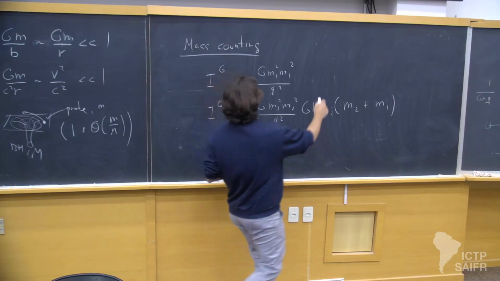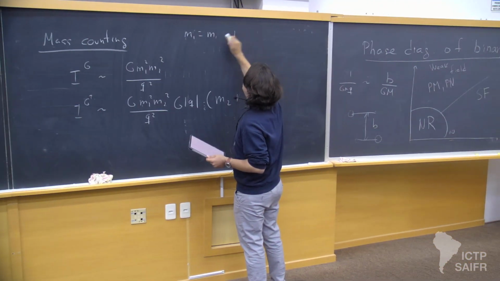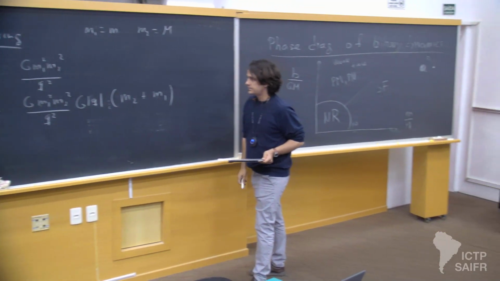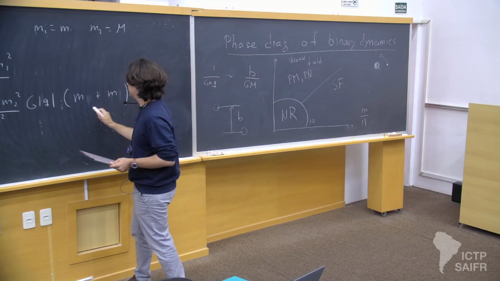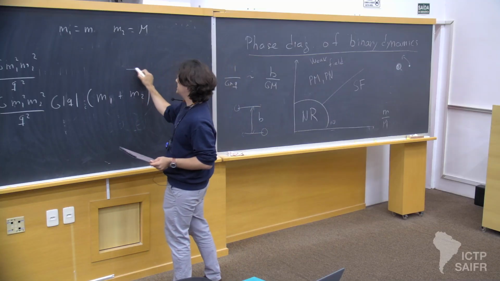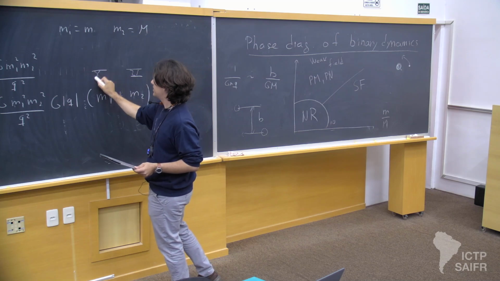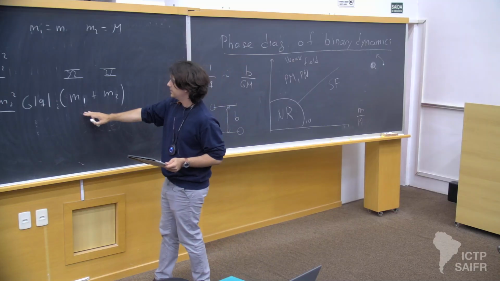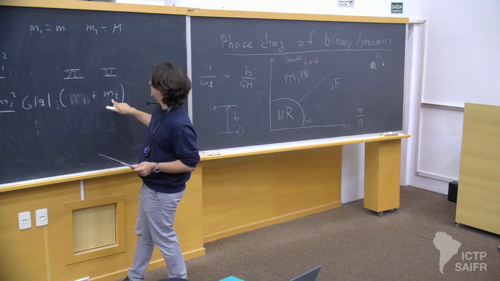Now let me declare that m1 is the light one, and that m2 is the heavy one. So what does this look like? Remember, this came from this diagram. This would have come from the opposite diagram. But if I do this identification, I can pull out the powers of m2.